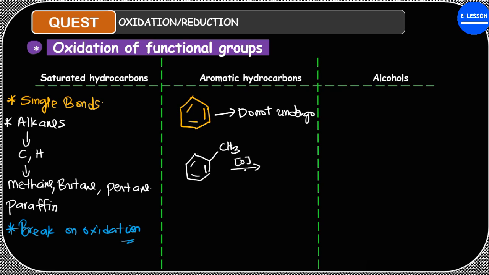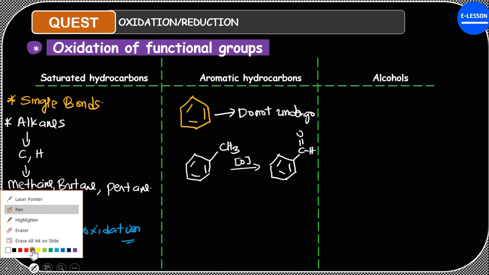If the oxidizing agent is mild, if it is not that concentrated and it is not that harsh, it will actually oxidize this to an aldehyde, which will give us something like this. This is an aldehyde. This is for mild oxidizing agents.